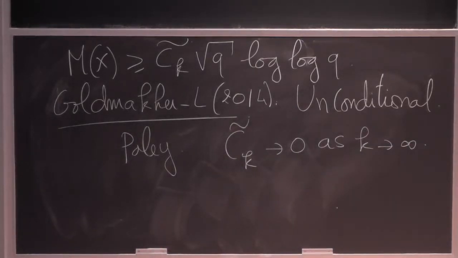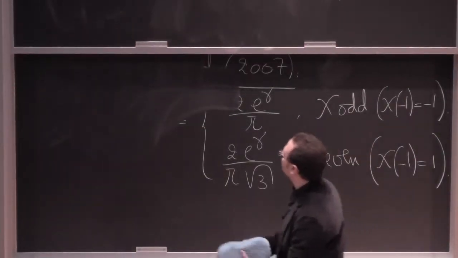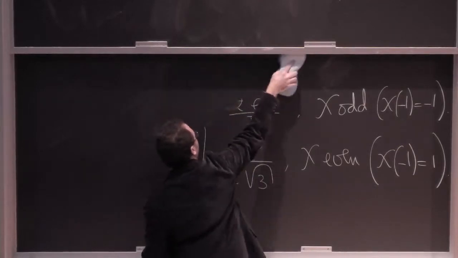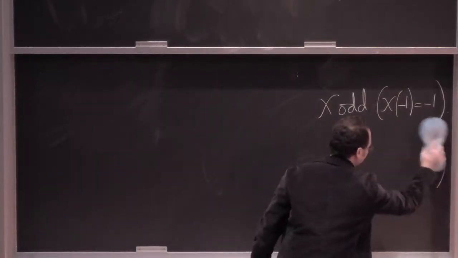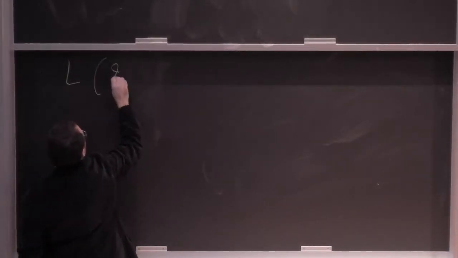Okay. And so you might wonder whether character sums, if the order is really large, will be much smaller than those, let's say, for quadratic characters. But actually, it's not. So you can get the best possible constant in the omega result. And this is a result of myself from last year.